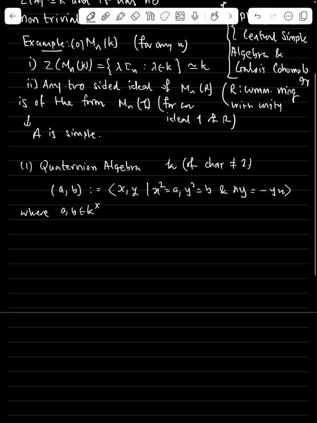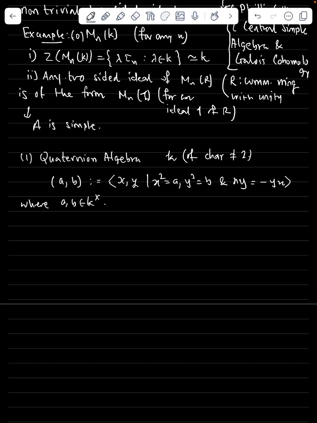In particular, I think most of you have seen the case where a and b both are minus 1. That's called the usual Hamiltonian algebra. The convention is to write it as generated by two elements i, j, where i squared is minus 1, j squared is also minus 1, and ij is minus ji.